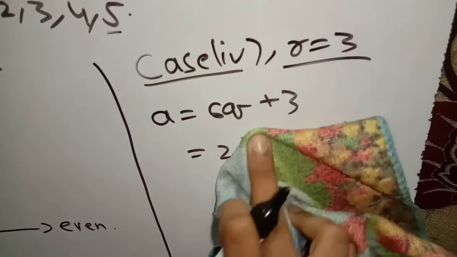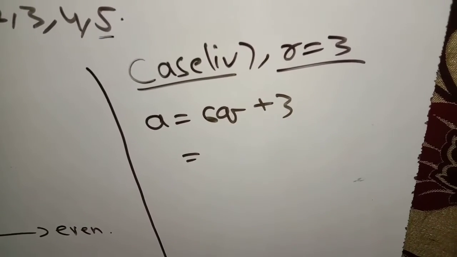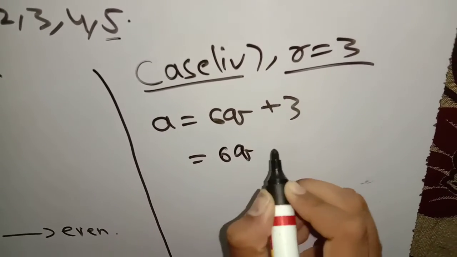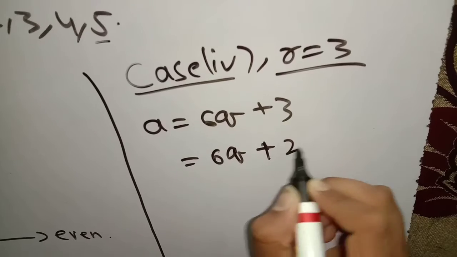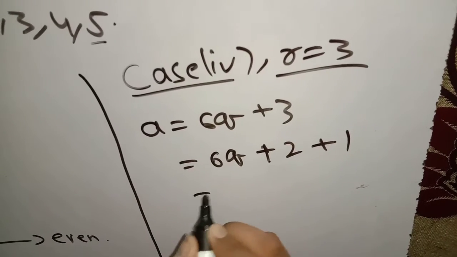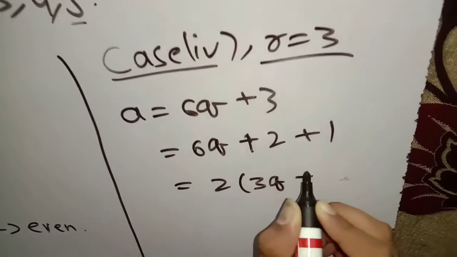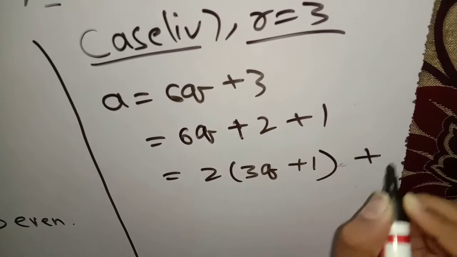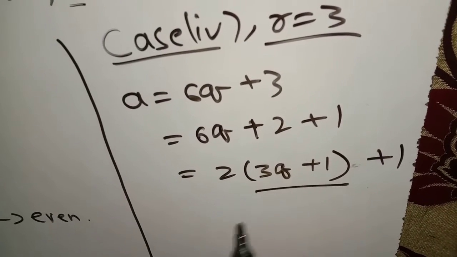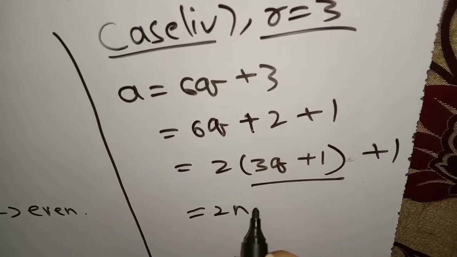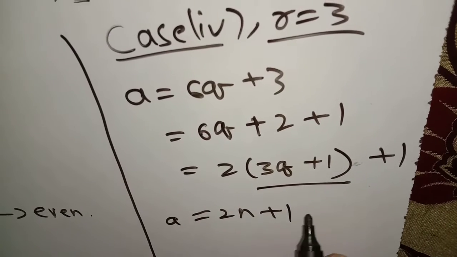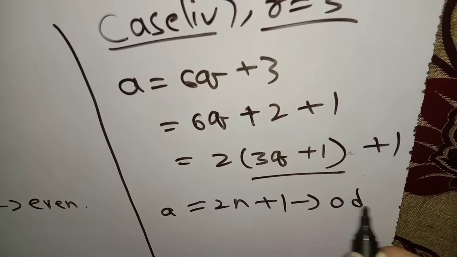Here we are changing this 3 as 2 plus 1, so 6q + 2 + 1 = 2(3q + 1) + 1. So this 3q + 1 becomes n, a = 2n + 1. So again it is odd.